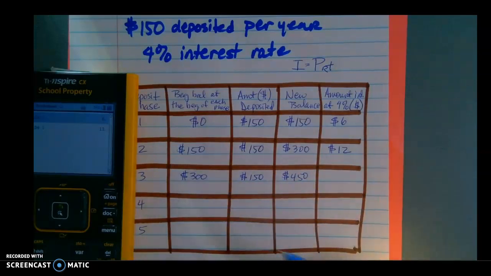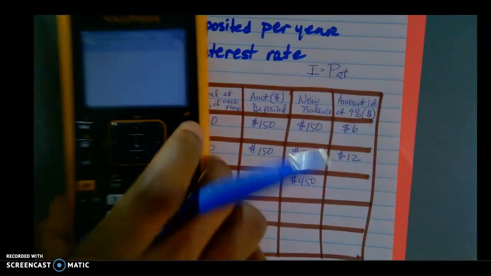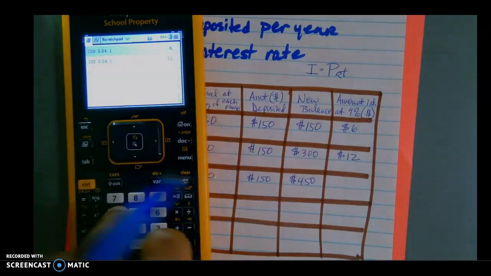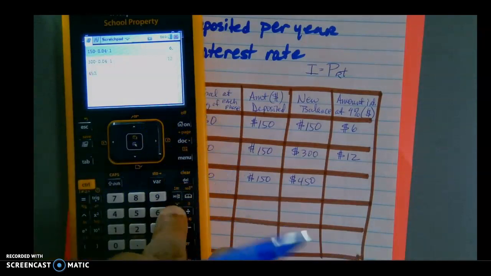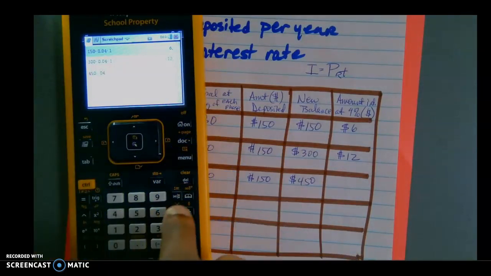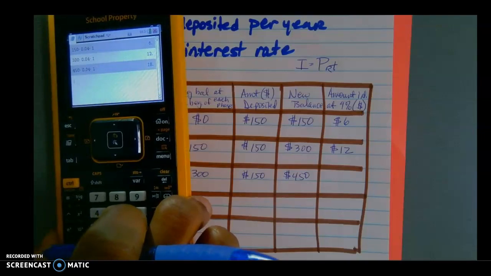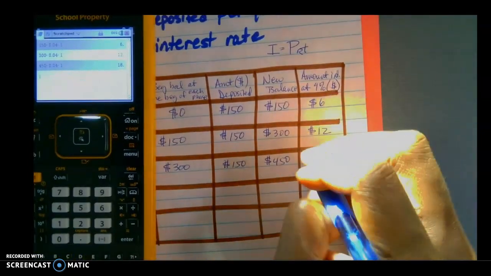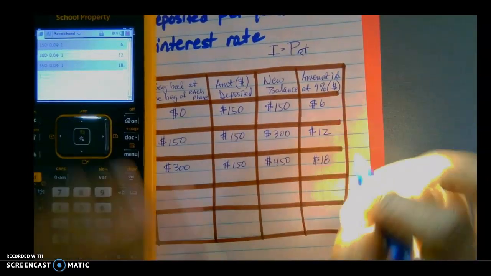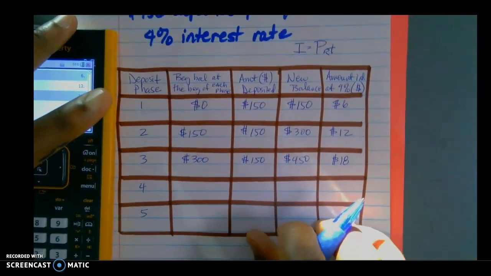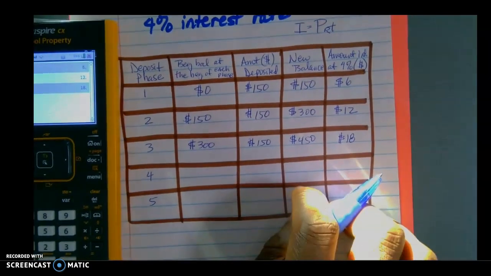They are not crediting that to the account. So again, 450 multiplied by 0.04 multiplied by 1, because that's 1 year, is going to be $18. I hope you see that. So that's $18. We see that there's a pattern of $6 per year.